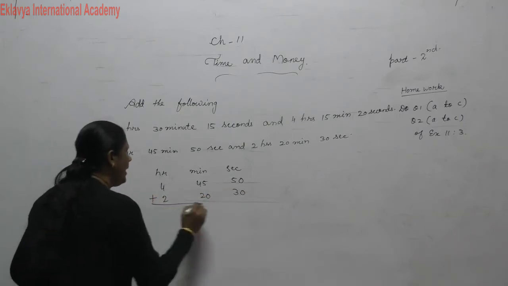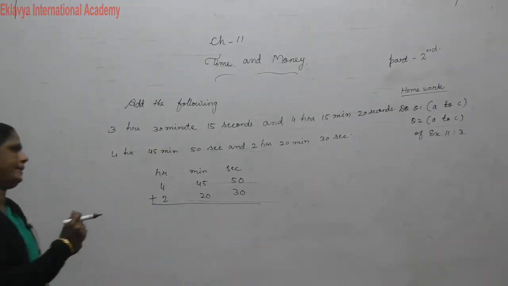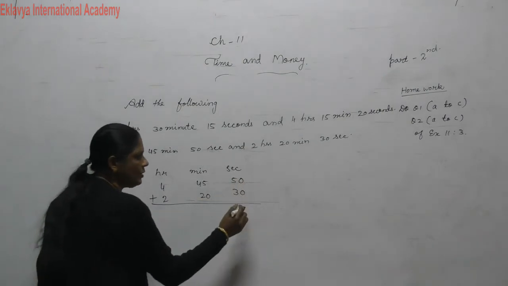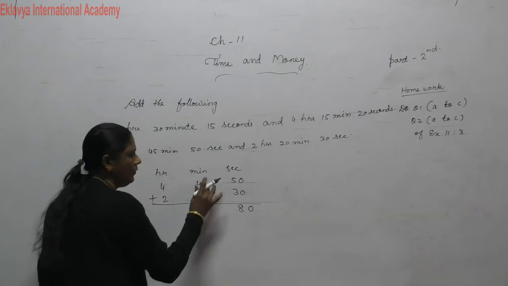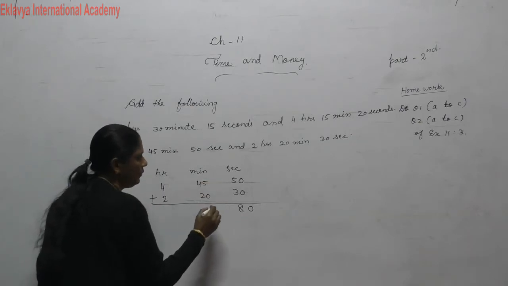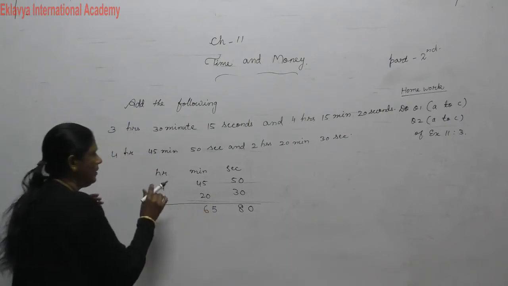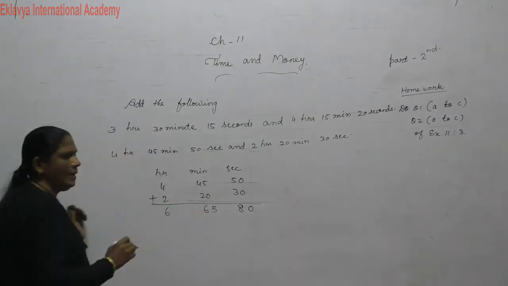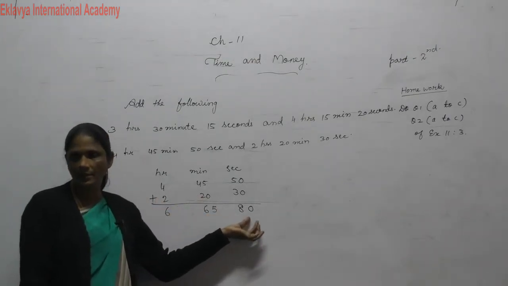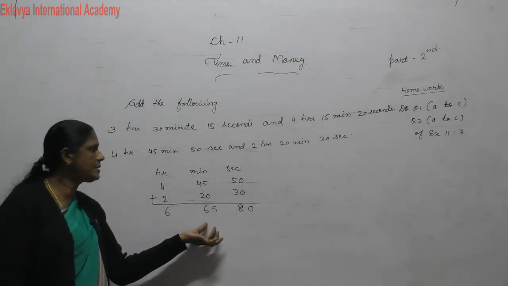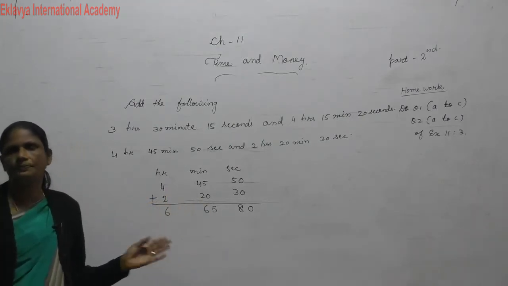Now you add these numbers. 0 plus 0, 0. 5 plus 3, 8. 5 plus 0, 5. Then 4 plus 2, 6. Look here, here seconds is 80, here minutes is 65, then here hours 6.